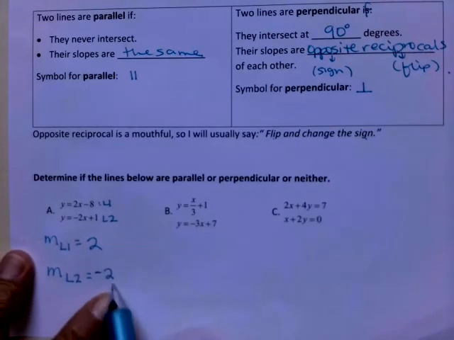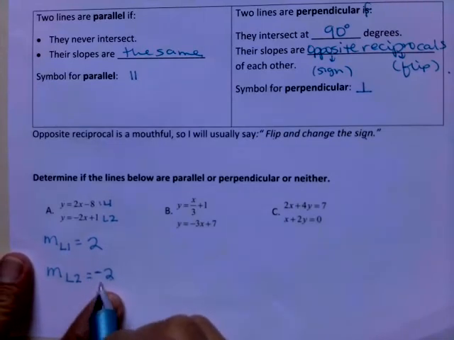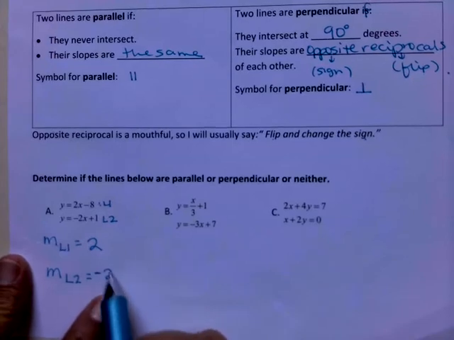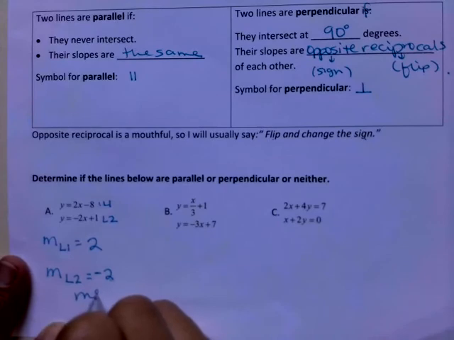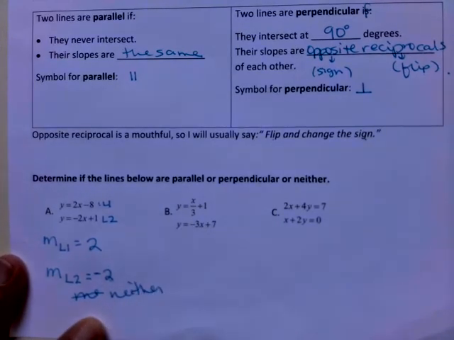Okay, so if we look at 2 and negative 2, are they exactly the same? Nope, so they're not parallel. And are they opposite? Yes. Are they reciprocals? No. So this pair is a neither. They're neither parallel nor perpendicular.